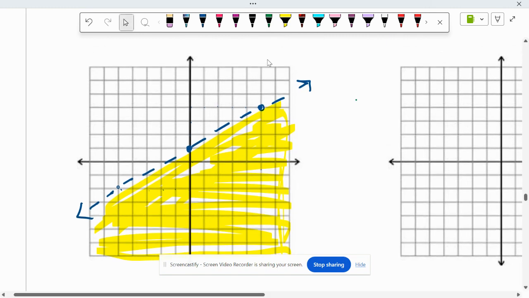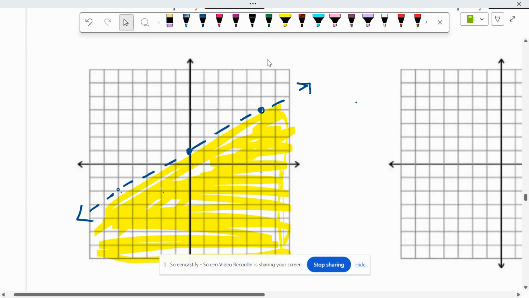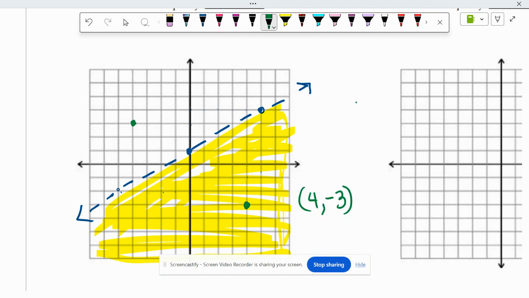Tell me one point that works, Uriah. -4, +3 is going to be up here. How about +4, -3? Will that work? Okay, so 4, -3.